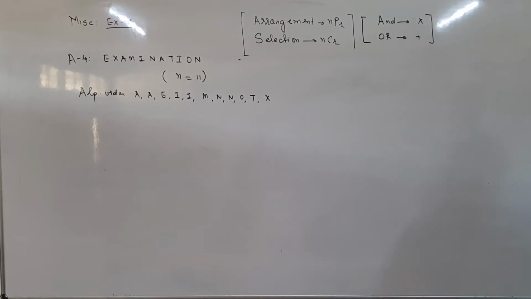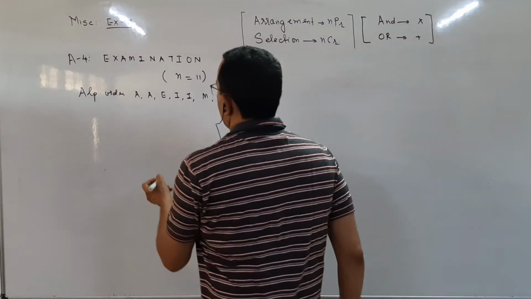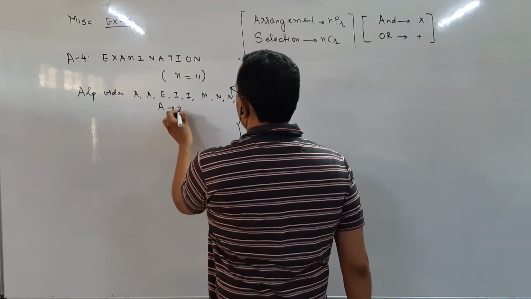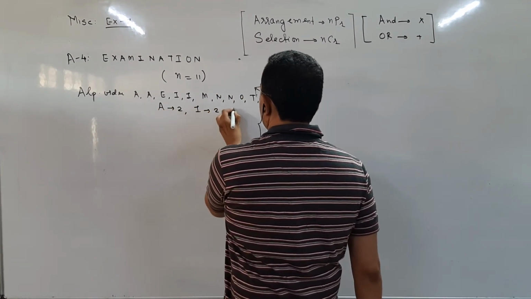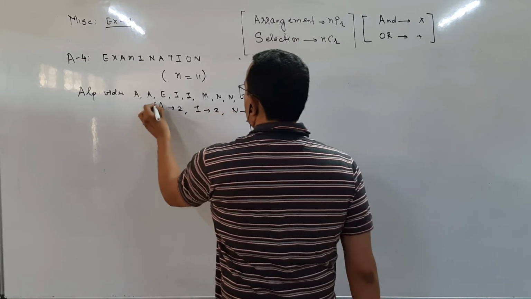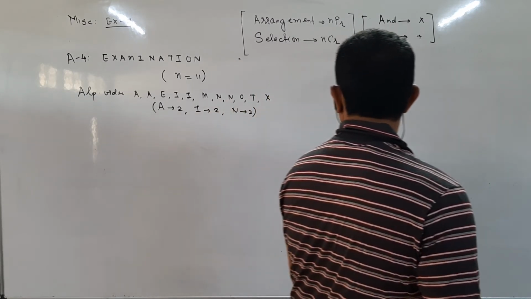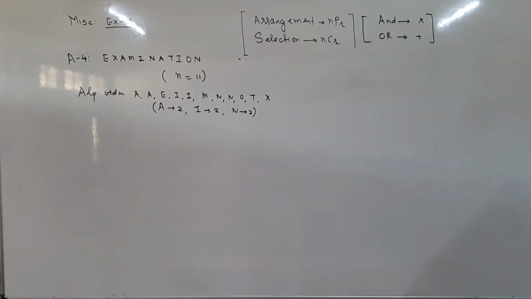This is alphabetical order. Students, the meaning of alphabetical order is dictionary order. What meaning do you understand by alphabetical order? It's dictionary order. In this, A is repeated twice, I is repeated twice, and N is repeated twice.